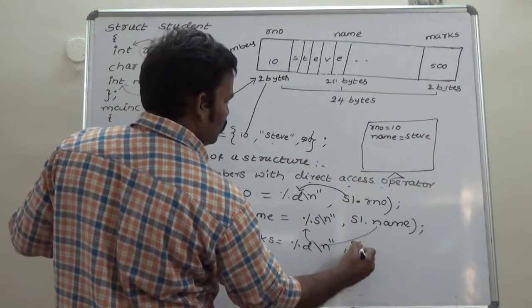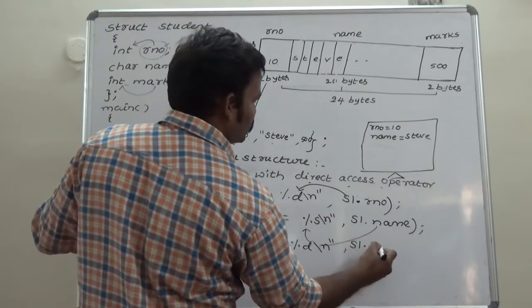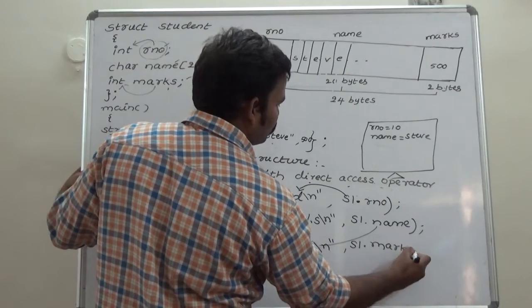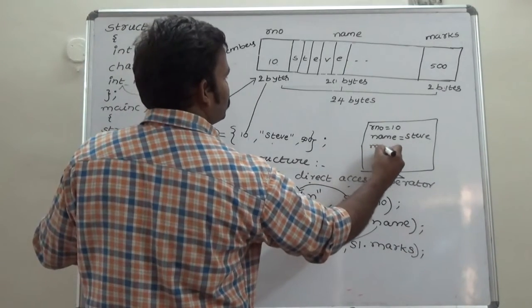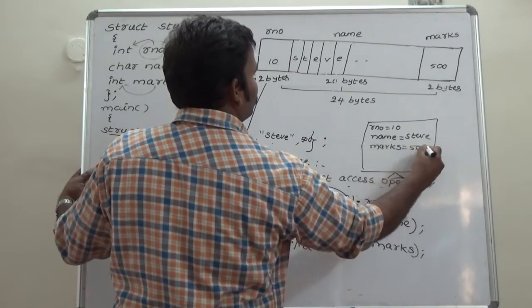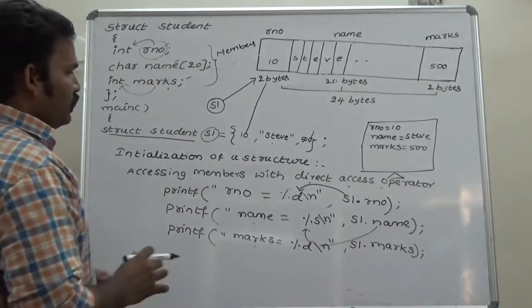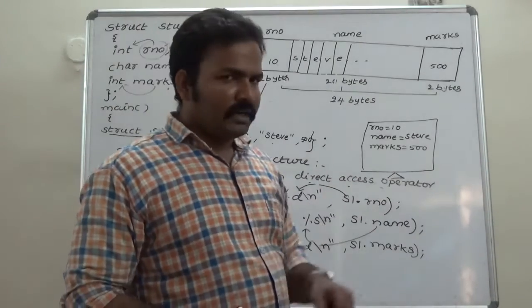Okay, s1 dot member name marks. So after executing this statement, marks is equals to 500. So clear? Accessing members with direct access operator.